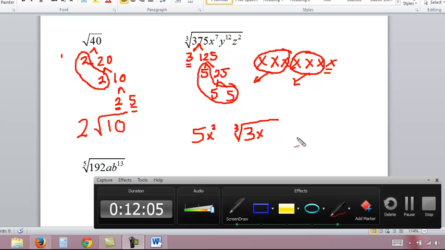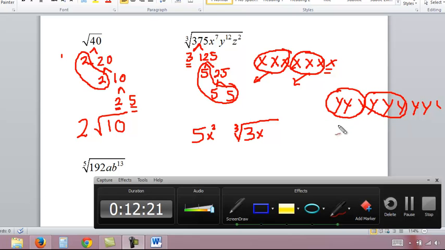y to the 12th, if you think about that. So you have y, I should have made this one the x's. If you have 12 little y's, think about how many groups of 3 you're going to get. If you said 4, you would be correct.